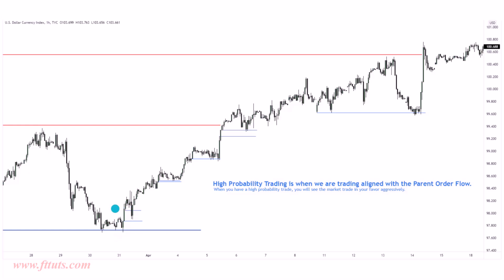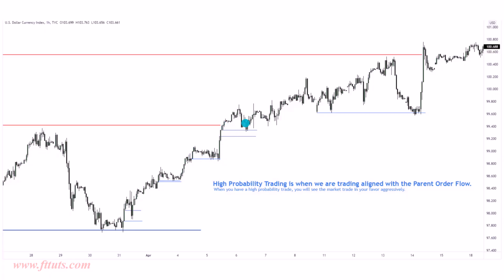So if you take this fair value gap aligned with the parent order flow, you can see price trades aggressively up. This fair value gap here aligned with parent order flow trades aggressively up. This order block paired with this fair value gap makes it a high probability order block, and it trades aggressively up.